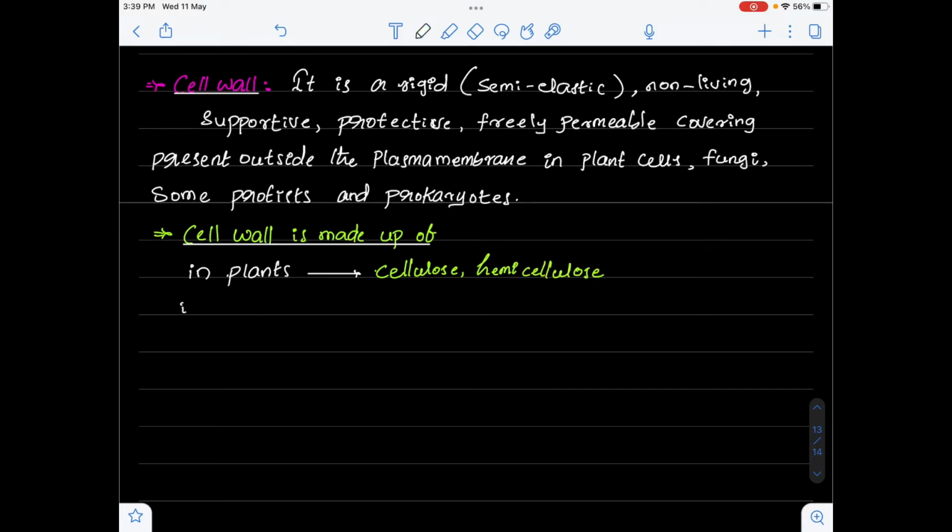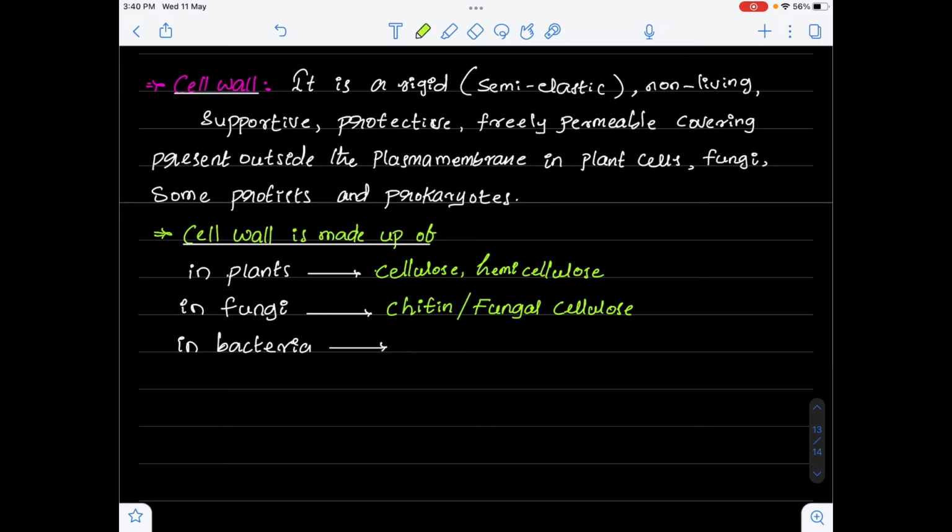In fungi, the cell wall is made up of chitin or fungal cellulose. In bacteria, the cell wall is made up of peptidoglycan.